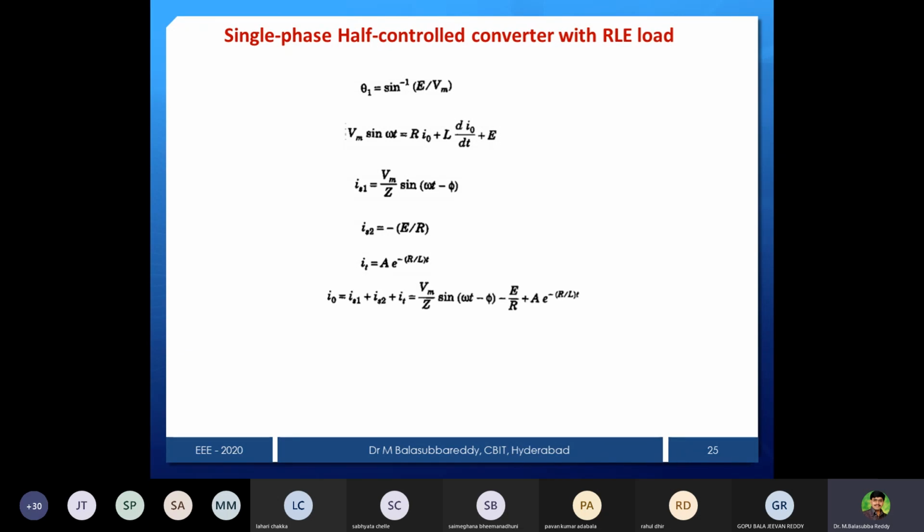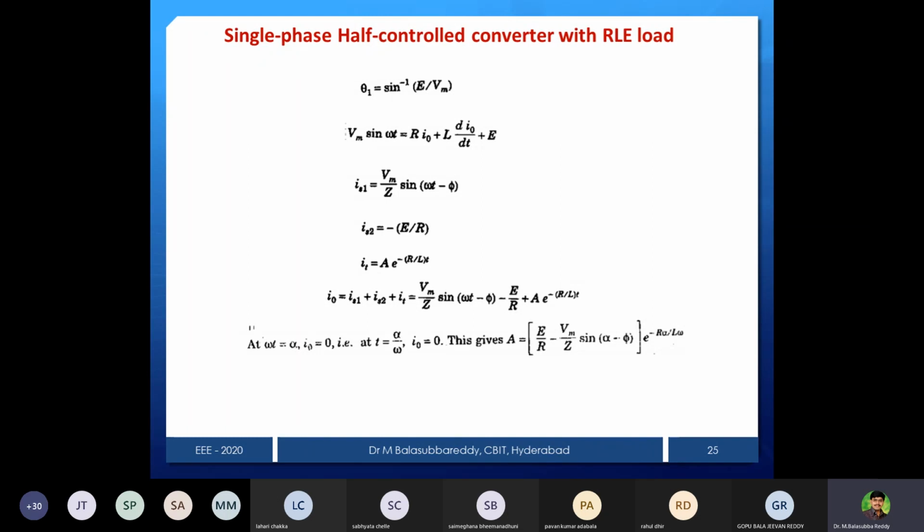Now I have added all three, and we get the i naught current. To get the constant A, I substitute the same again: omega t equal to alpha, current i equal to 0. That is, omega t equal to alpha, t equal to alpha by omega, and current i naught equal to 0.